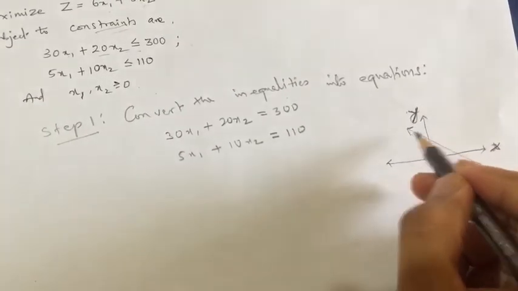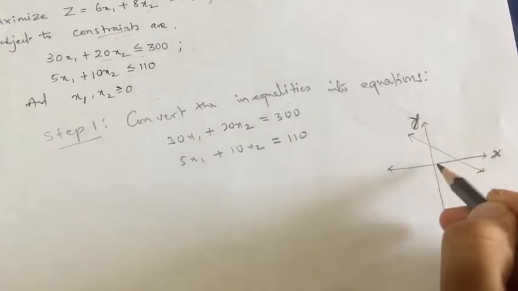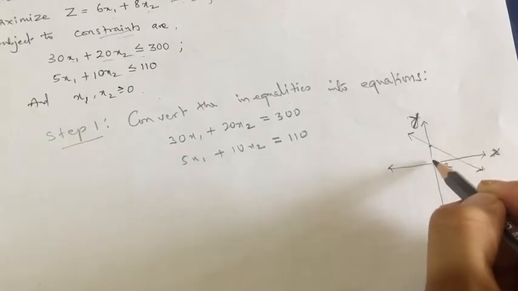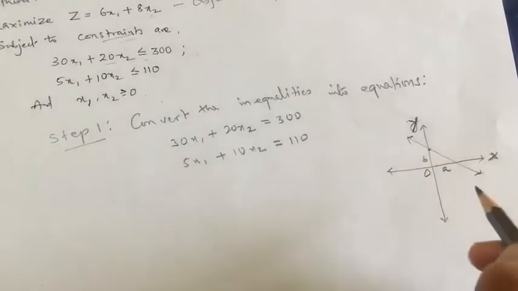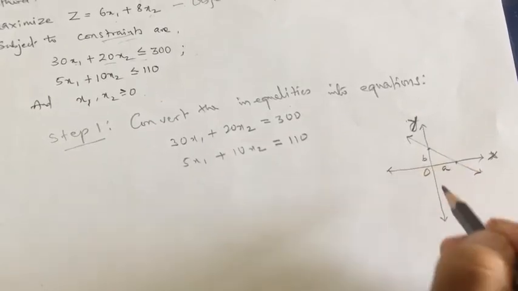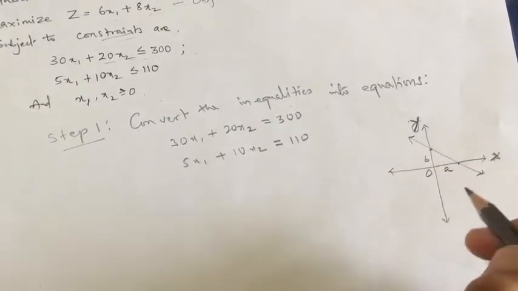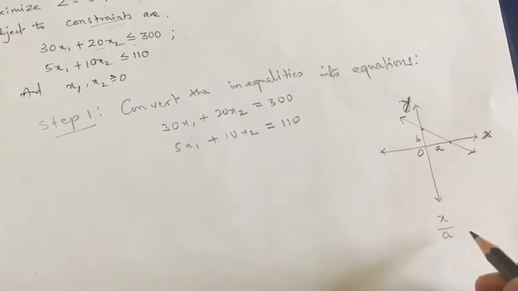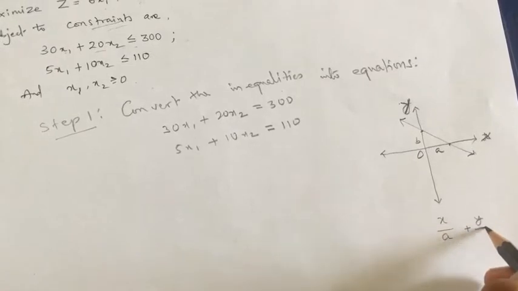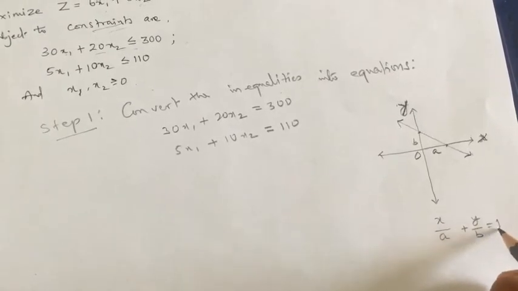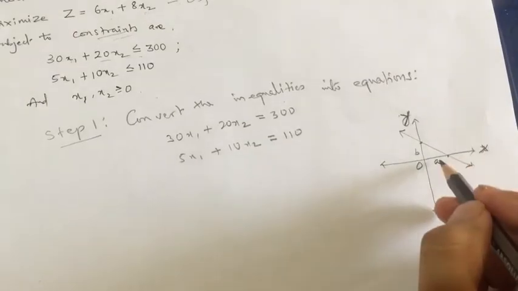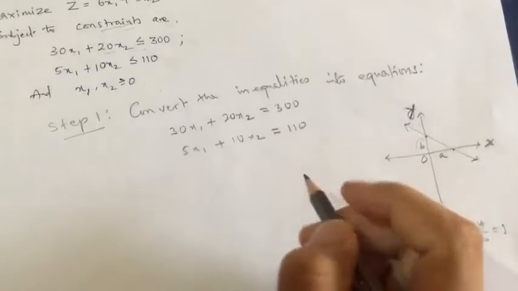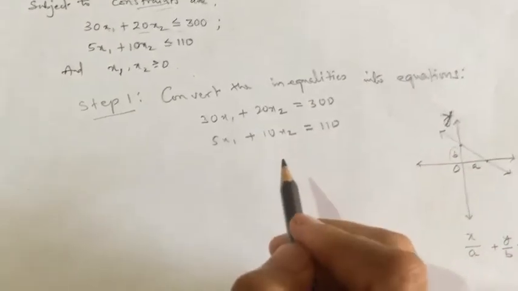If this is a straight line, it has an x-intercept, let it be a, and a y-intercept, let it be b. The general equation will be x by a plus y by b equals 1, where a is the x-intercept and b is the y-intercept. So we can easily convert these equations into intercept form.